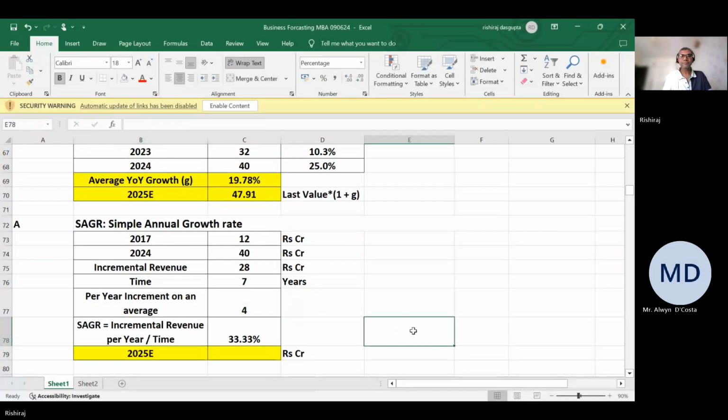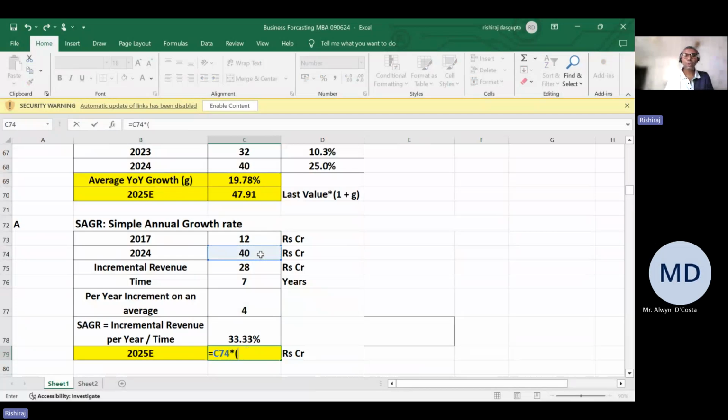Now we can estimate 2025 by the same logic, that the last revenue will grow by 33.33%. So 1 plus the SAGR, and we apply it, we get 53.33. So using this method, I am getting a revenue prediction of 53.33 crore. The last method gave me a revenue forecast of 47.91 crore. So this is called SAGR.